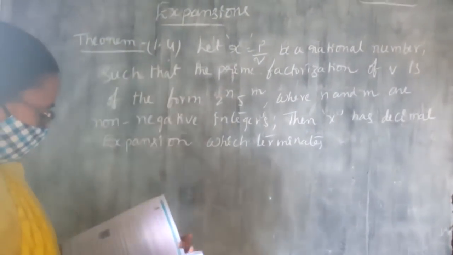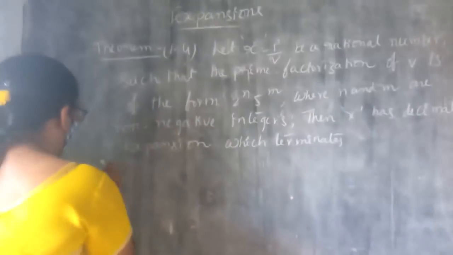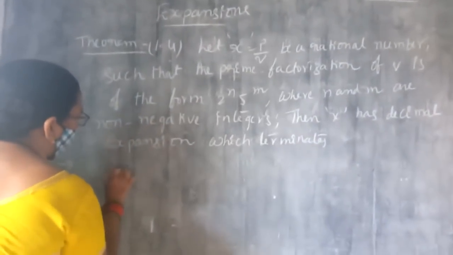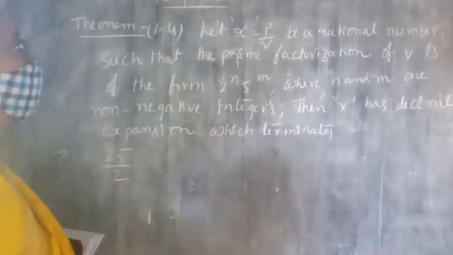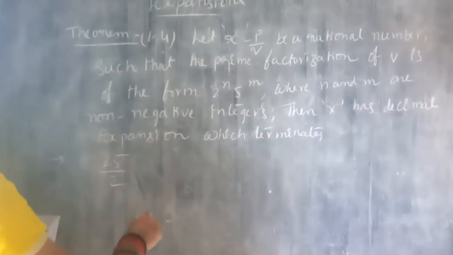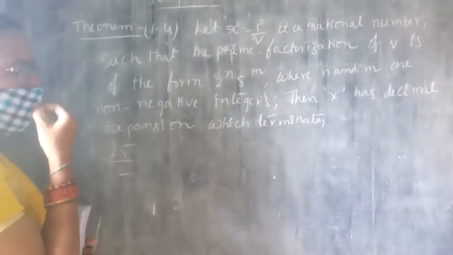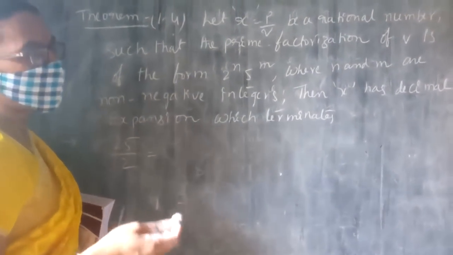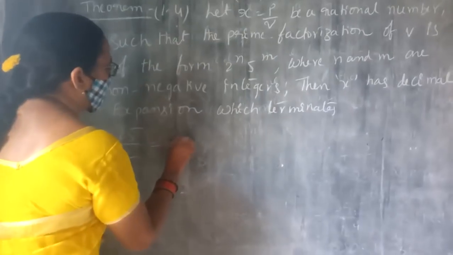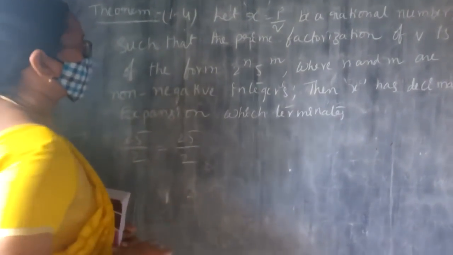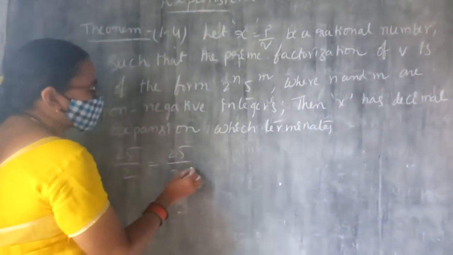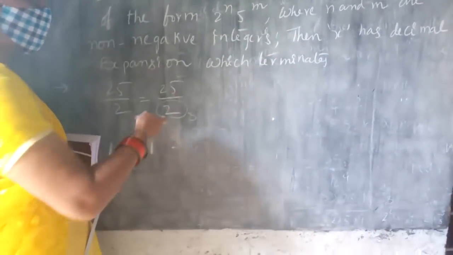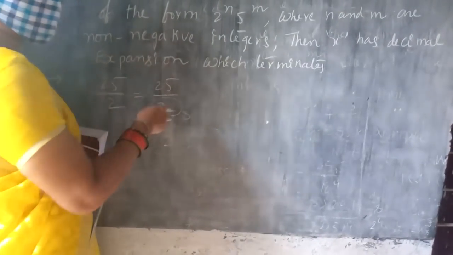So take one example, that is 25 by 2. x is in the form p by q. Q prime factorization: q is 2, a prime number, no need to factorize. But here we must have two prime factors, 2 and 5. Here only 2, there is no 5.